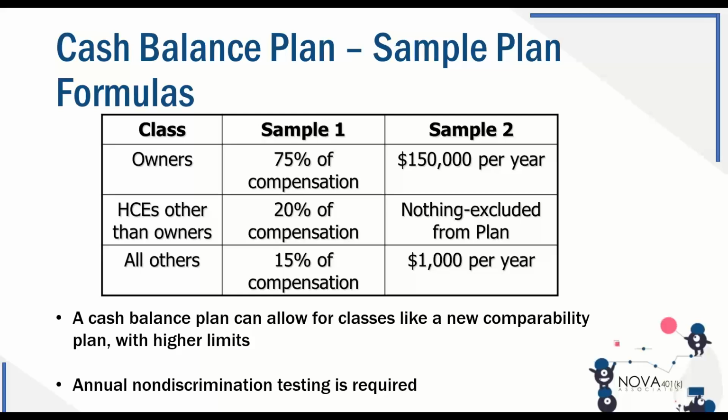So here are some sample formulas that could be in a plan, just to give you an idea of the variety. The benefit formulas can really be anything the sponsor desires, and it can target any employees that they want, obviously within the limits of 415 and testing.